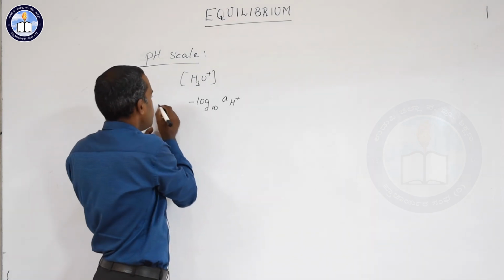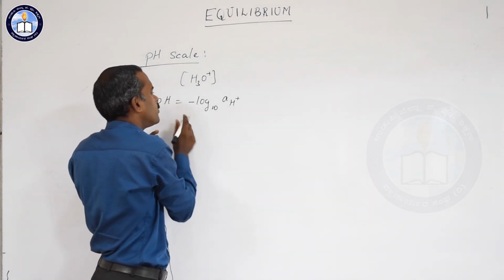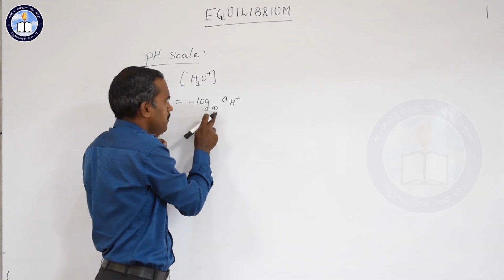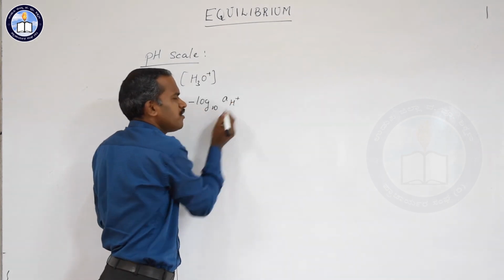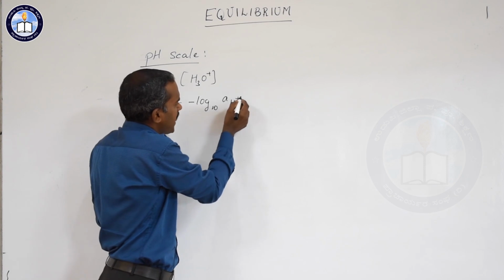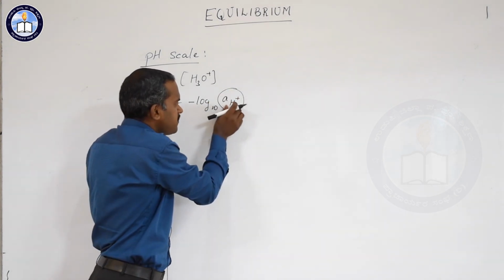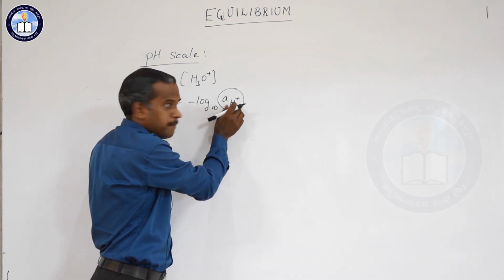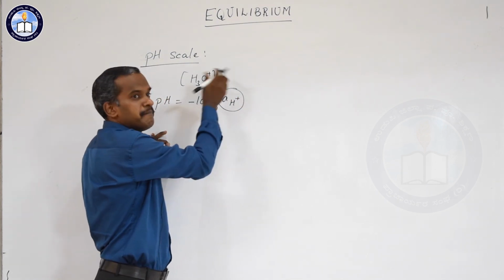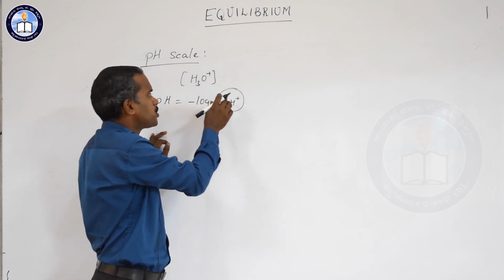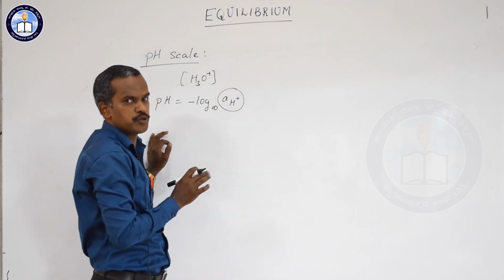We can say pH is equal to negative logarithm to the base 10 of the activity of H plus. Now the question will be, what is this activity of H plus? Activity of H plus has no proper unit, but the magnitude of that is comparable, in a dilute solution, to the concentration of H plus only.